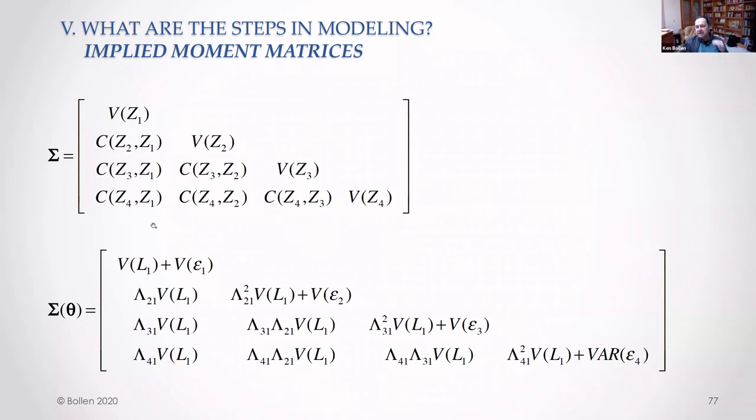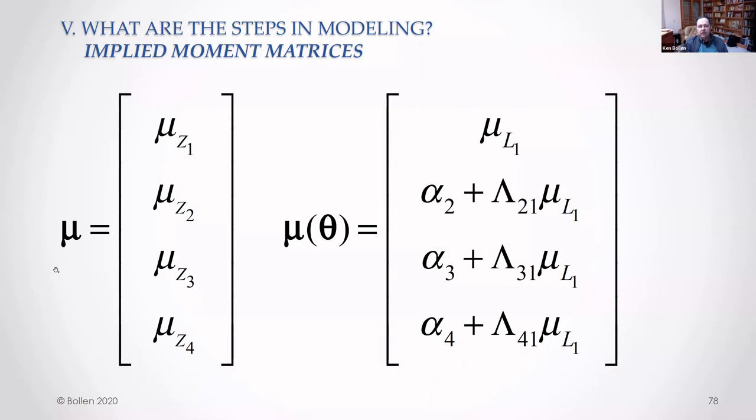Just to give you another example, the covariance of Z4 and Z1 will equal the factor loading for the 4th indicator times the variance of the latent variable. And so it goes for every element here. Here are the model parameters and nonlinear functions of them. They should exactly predict the covariances and variances of the observed variables when your model is true.